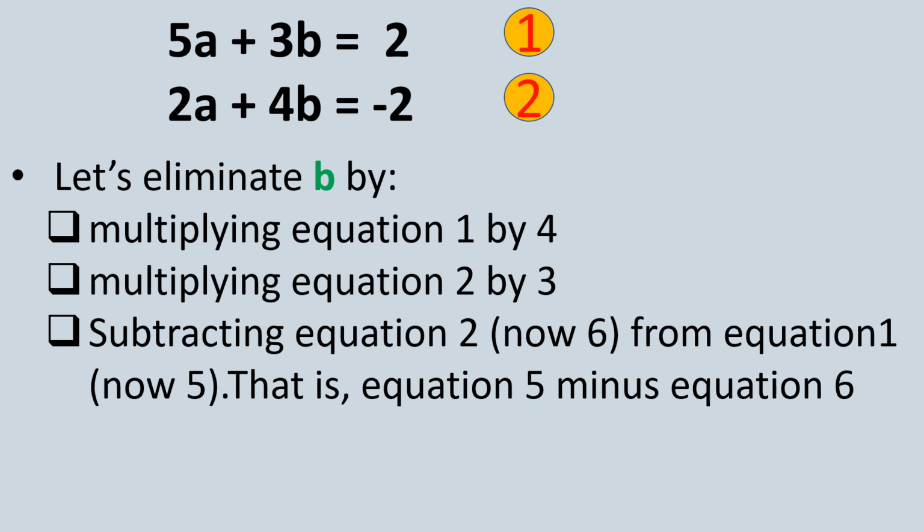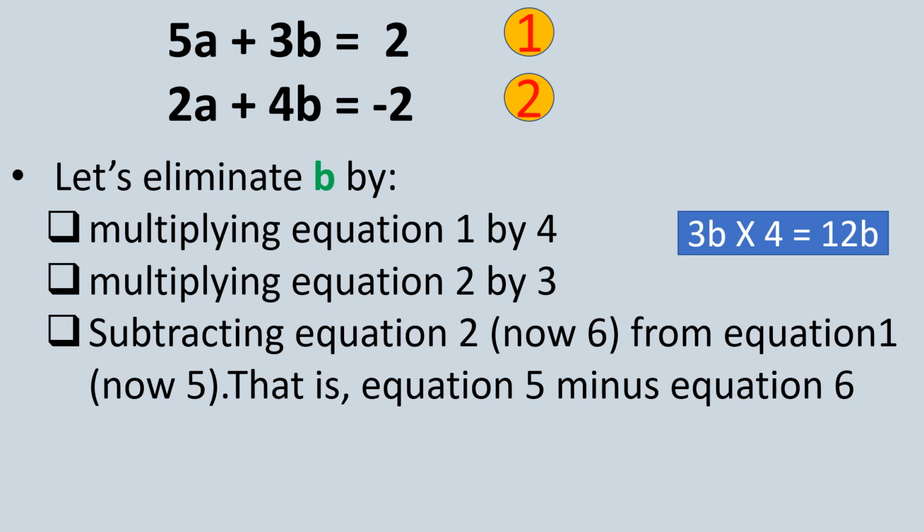So what we simply do is, we multiply equation 1 by 4, that is all the components, and then we multiply equation 2 by 3. And then what we'll now do is to subtract one of the equations from the other in order to eliminate.